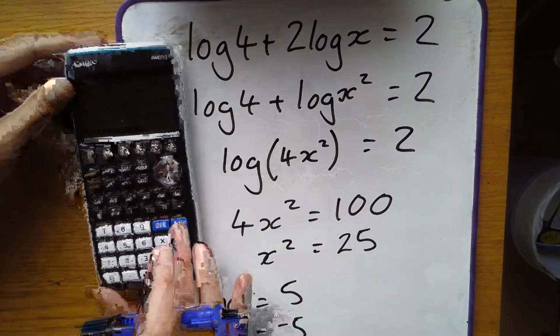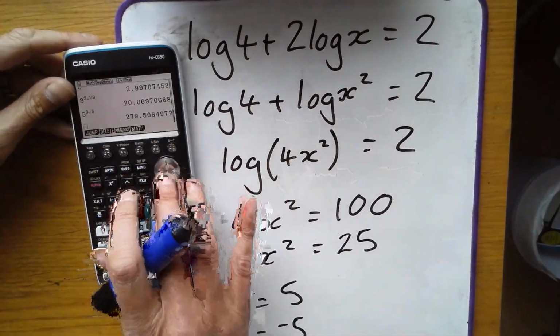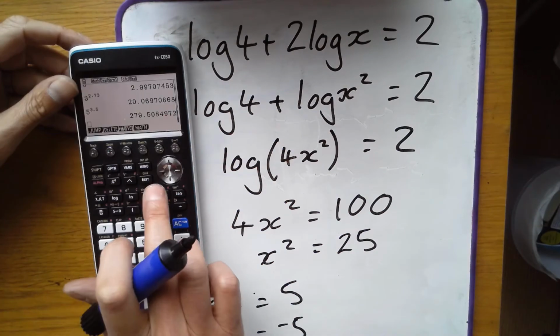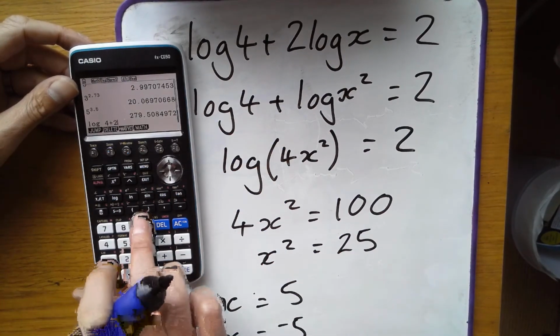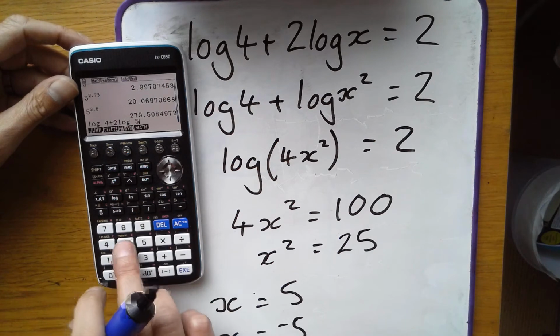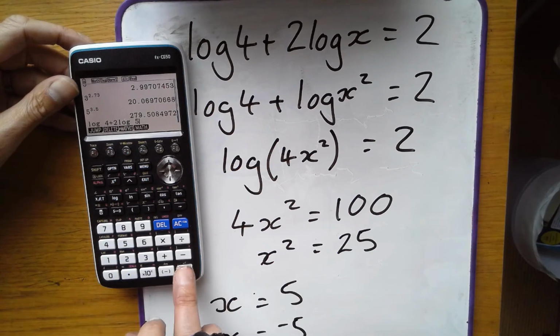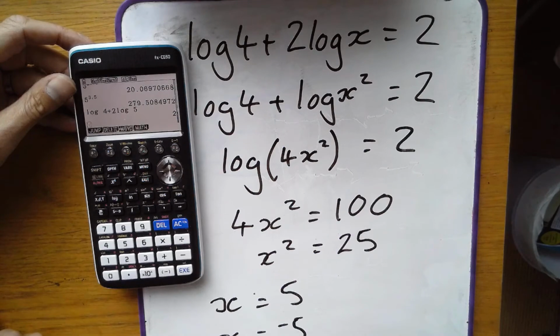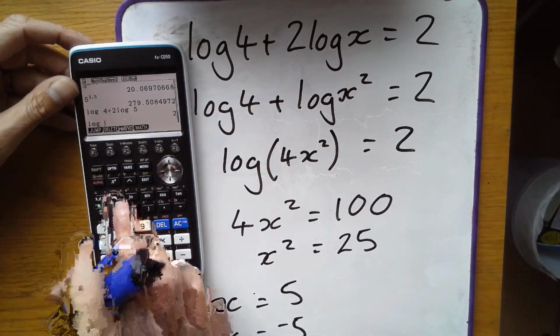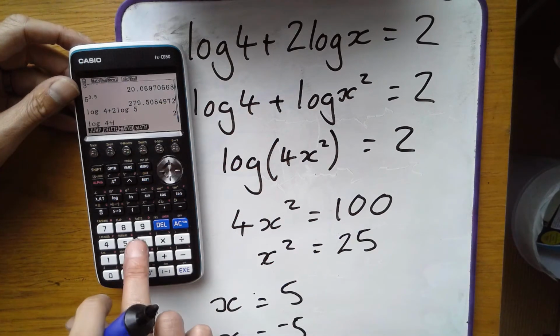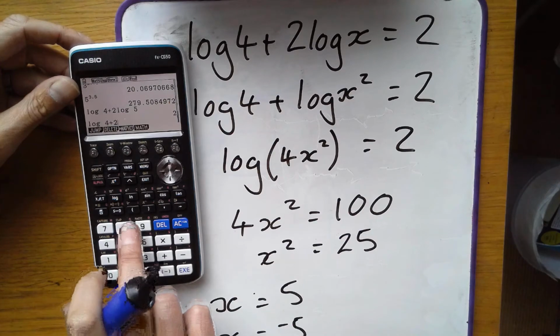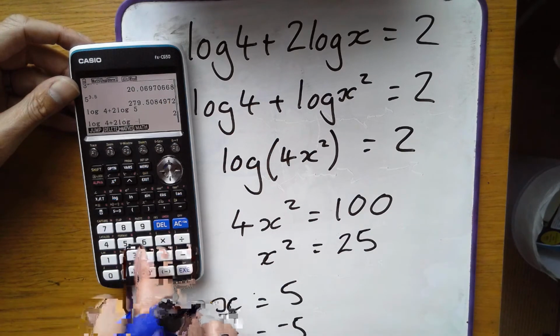well, let's do it. Let's do log of 4 plus 2 log of 5. And I've got 2. I've got 2 exactly. So I do the same thing now with minus 5.